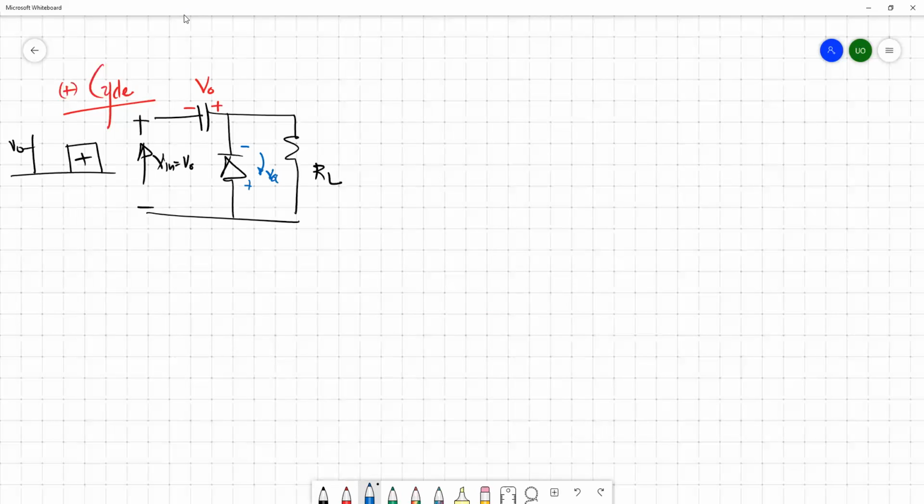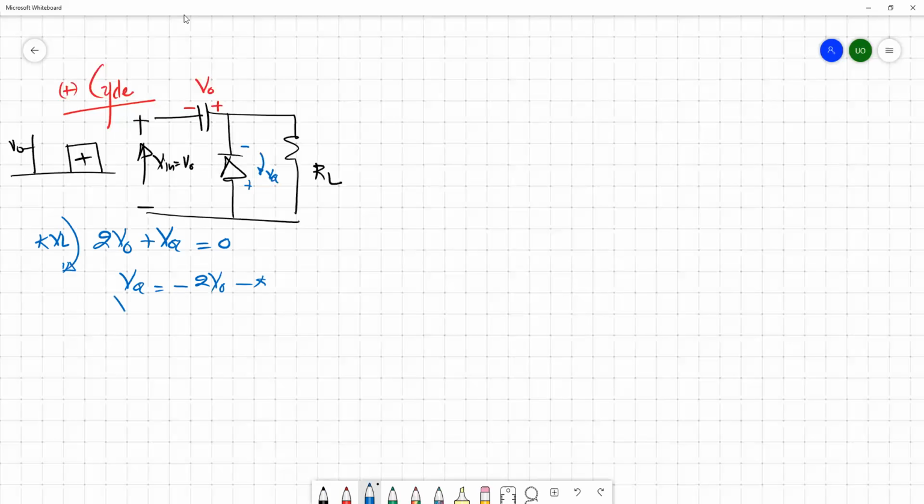If we apply Kirchhoff's voltage law for this diode capacitor circuit, we have V naught applied through the input terminal, and this capacitor is already charged up to V naught. So we have 2 V naught plus the open circuit voltage equals 0. V naught plus V naught plus VOC equals 0. So the open circuit voltage is minus 2 times V naught.